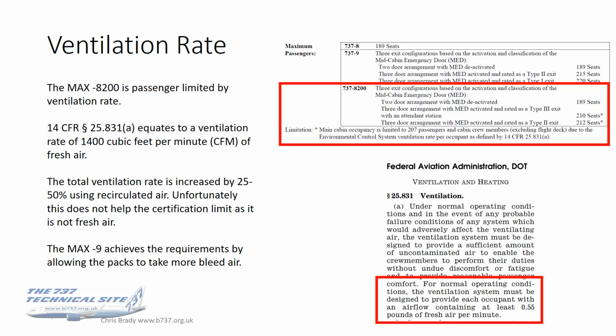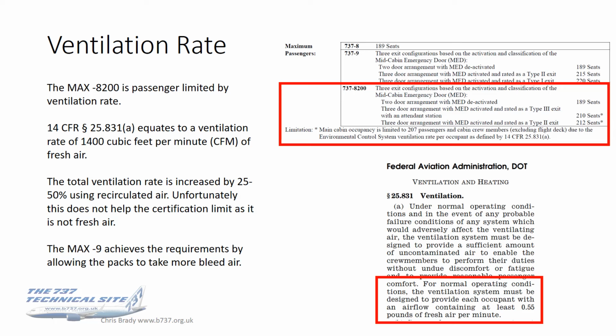But what I've done is I've highlighted an extract of it here at the top right of the page. And what it shows is 3 maximum seating capacities for the 8200: 189, 210, and 212 seats, depending on the door arrangements and whether the extra door is used as a Type 2 or Type 3 exit.